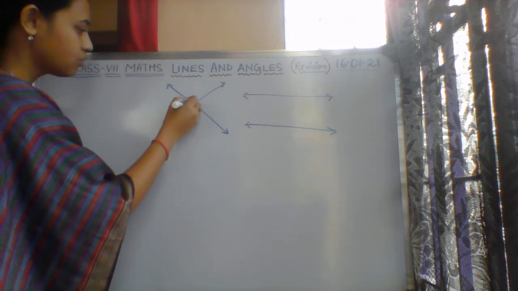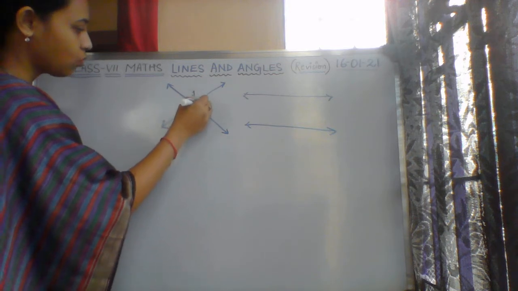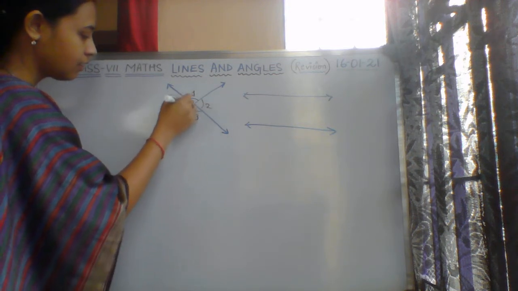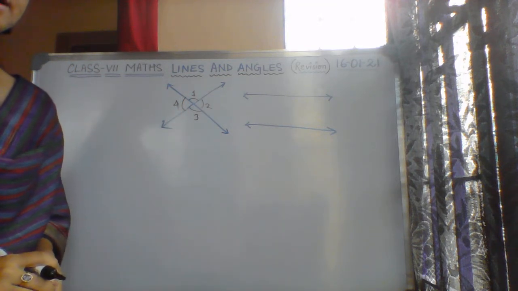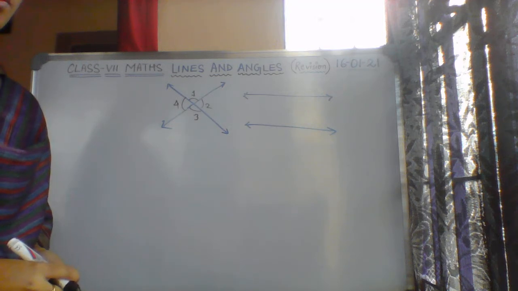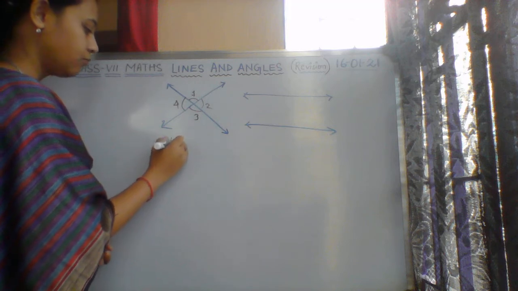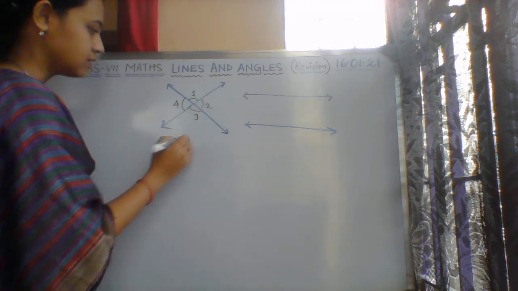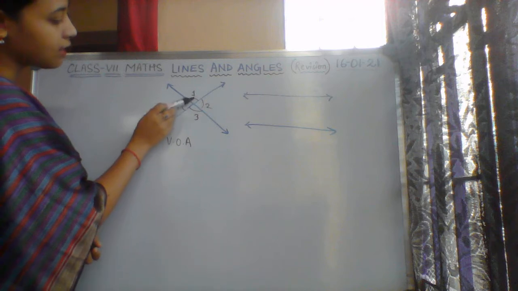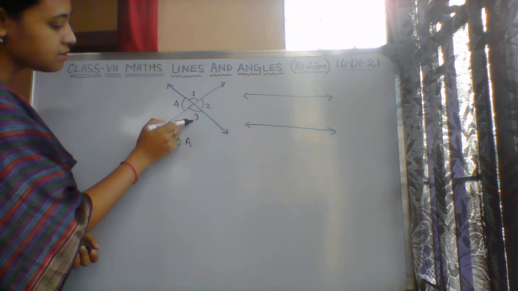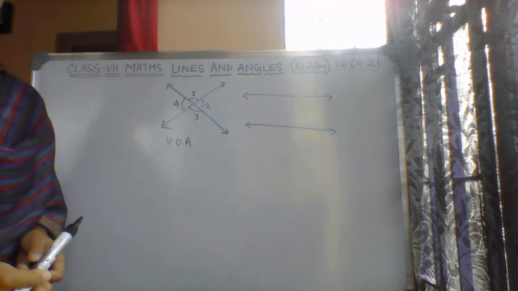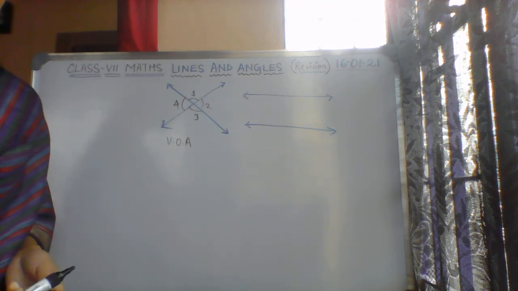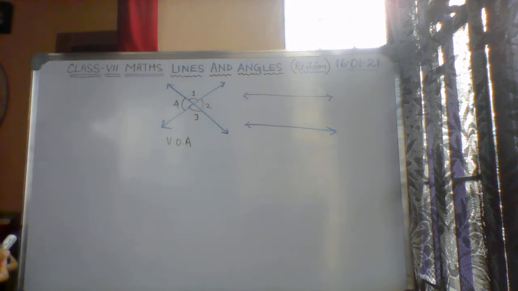So suppose this is angle 1, angle 2, angle 3, angle 4. For this type of intersecting lines, you have learned vertically opposite angles. Here you can easily see 1 and 3 are vertically opposite angles, and angle 2 and 4 are vertically opposite angles, and vertically opposite angles are always equal in measurement.